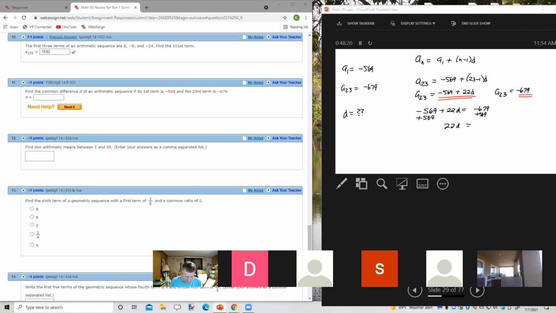Let's try this again. Negative 679, excuse me, I should have just done it in my head, but whatever. Plus 569 equals negative 110. Okay, finally. Divide both sides by 22 and d equals negative 5.